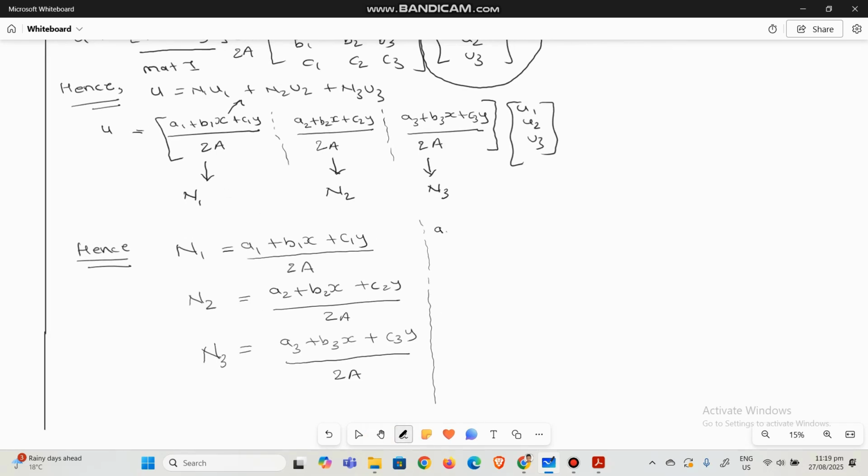Here a1, if you compare from the matrix elements, is x2 y3 minus x3 y2.